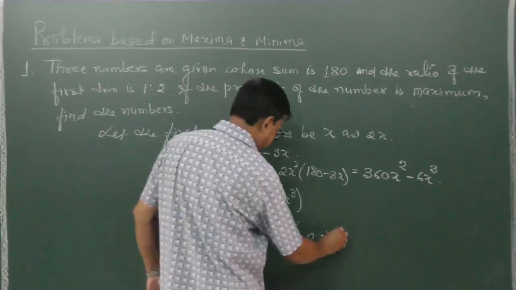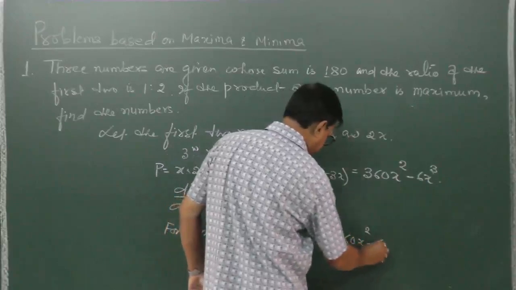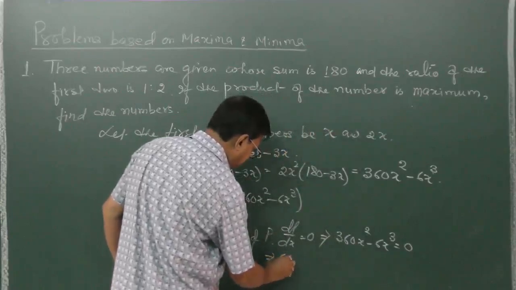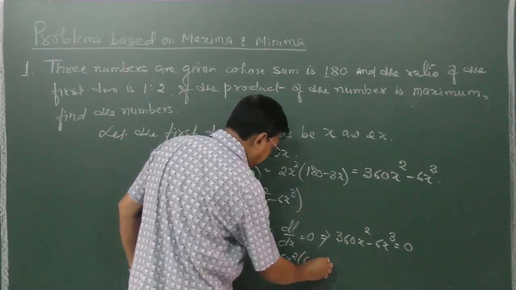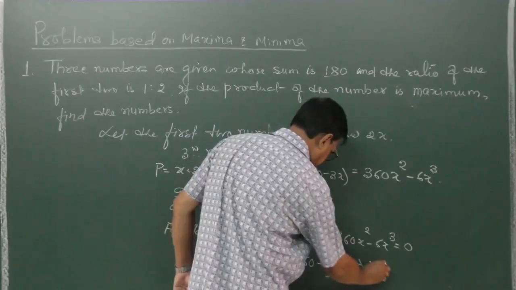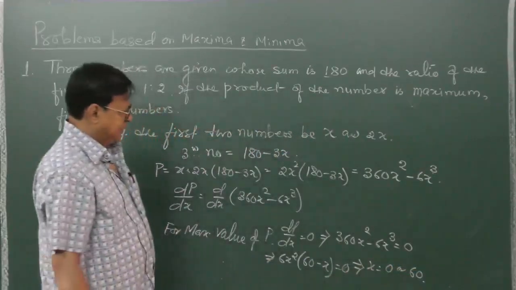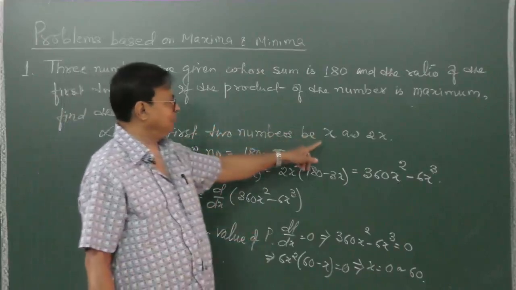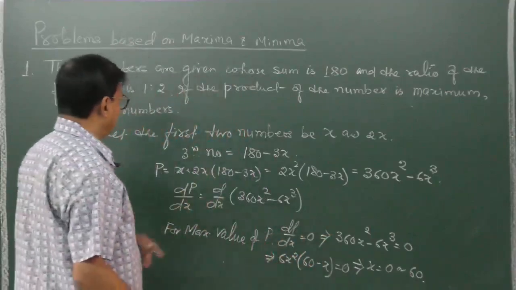So this implies x is 60 or 0. Now we cannot have x 0, because if we take x as 0, the first two numbers will be 0, so we are not dividing it actually, right? So we take x equal to 60.